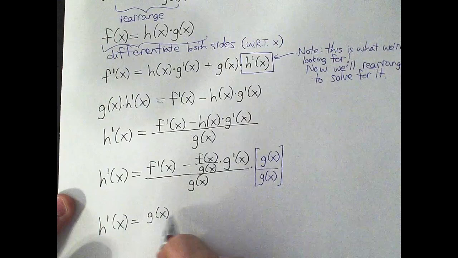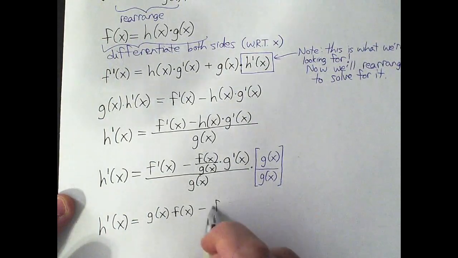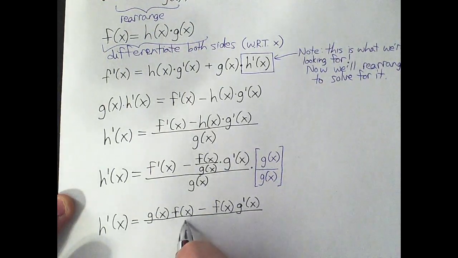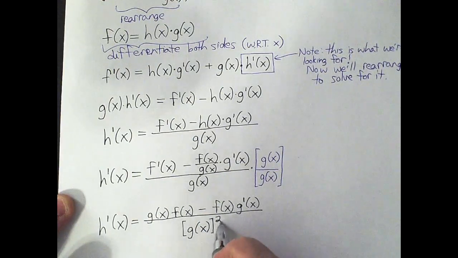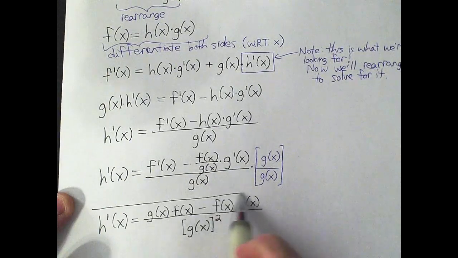So what we're going to get is g of x, f of x, minus f of x, g prime of x, over the bottom, which is going to be g of x squared. Well, that's the formula.